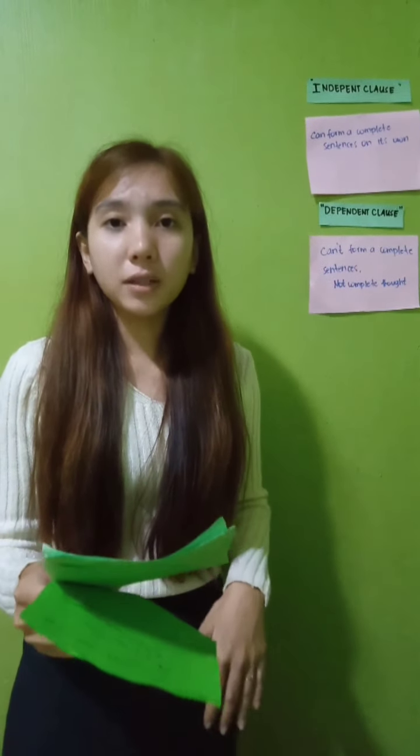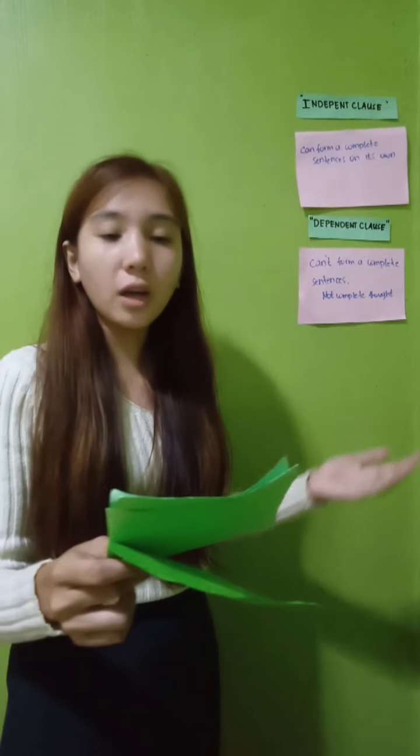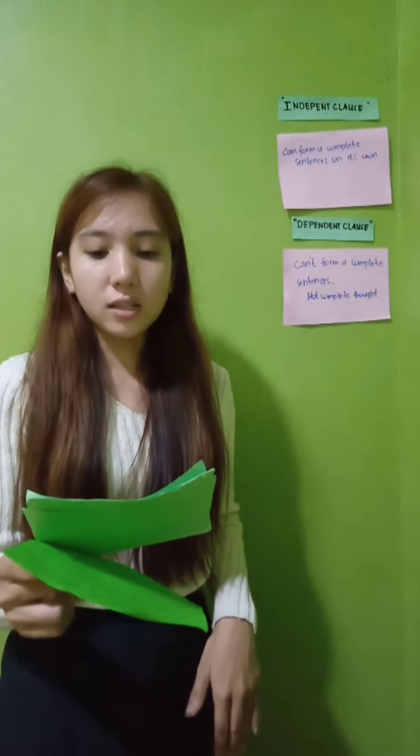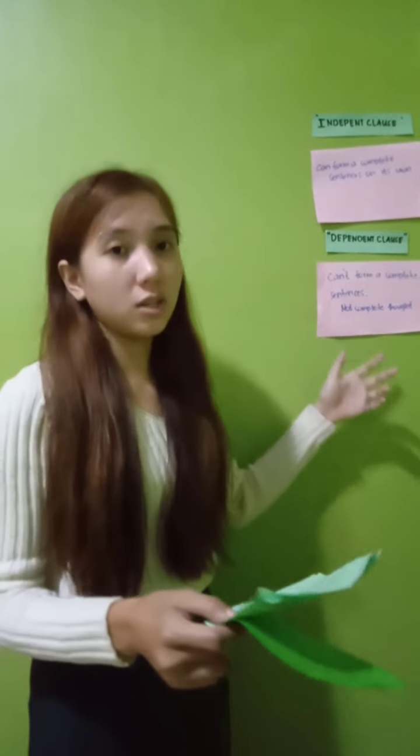We have to remember that independent and dependent clauses both have a subject and a verb. The difference is that an independent clause can stand alone while the dependent cannot stand alone.